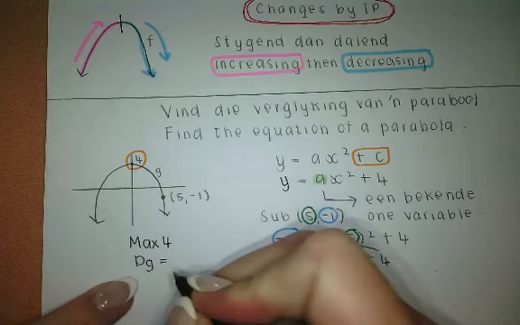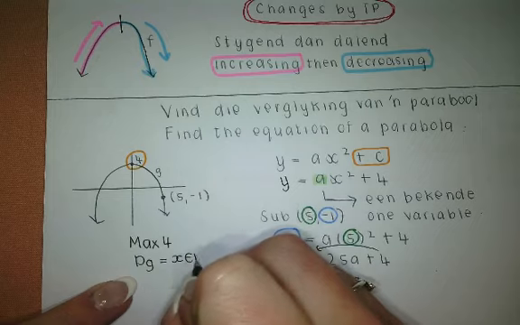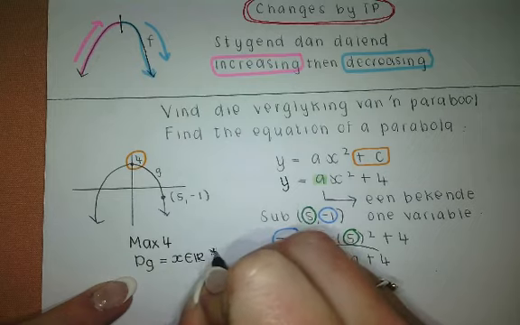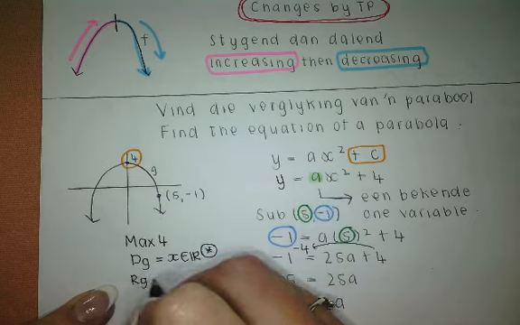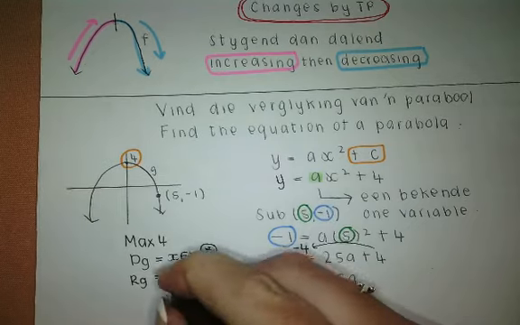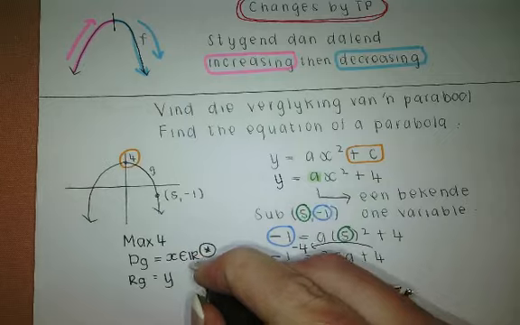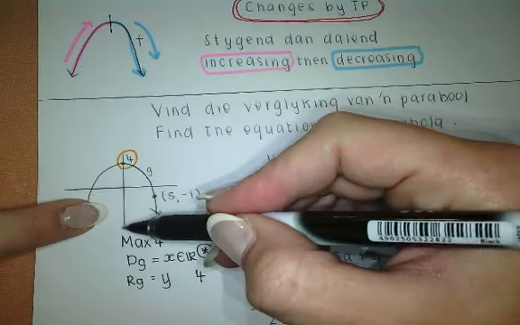What is my domain of G? Always the same thing: x is an element of real numbers. Can you see that never changes? And what is my range of G? When I told you, when you're doing your range, you write down y, you write down your turning point.